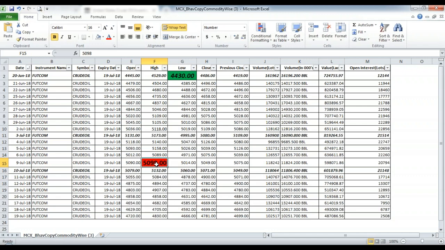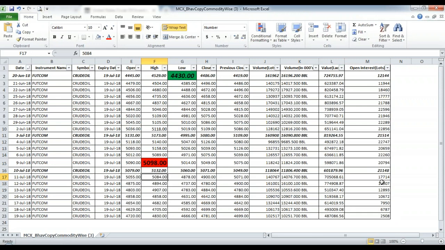That is what comes to our mind. If it has to be a break inside, if the price tries to go above 5098, it will try to come and fall below. Okay. Now on the next day, we saw that the price didn't go to 5098.